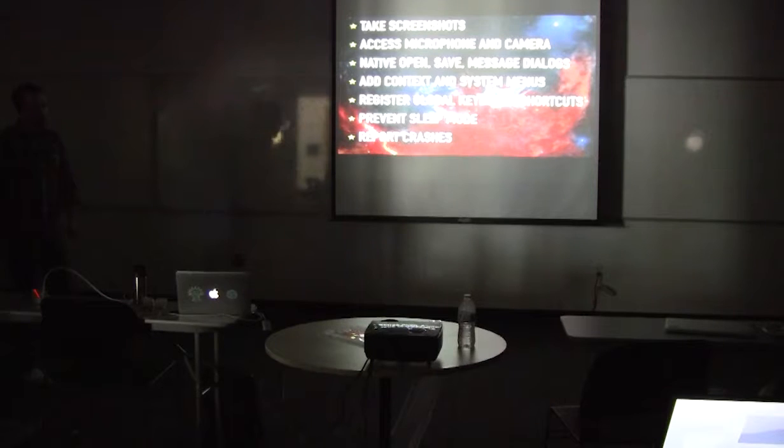Say you're writing a video player as an Electron app. The person probably doesn't want the machine to go to sleep when they're watching a video. So you can tell Electron, using the standard native APIs, don't go to sleep until I tell you you can. Another big one is that you can report crashes. Say something does go wrong with your app, you will be able to access those crash reports and send them to yourself as an email or something and know what went wrong with your app.